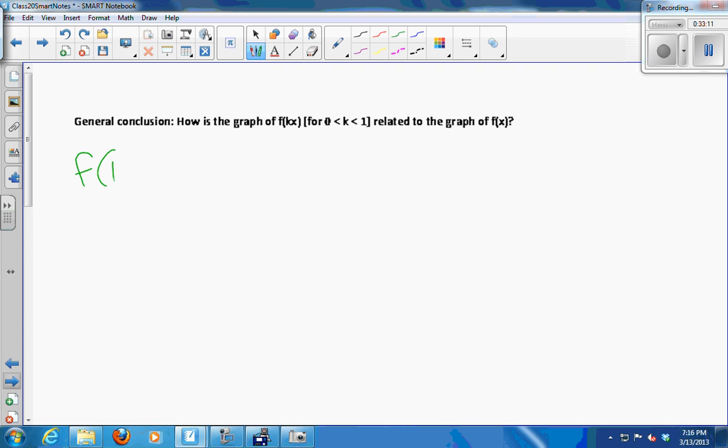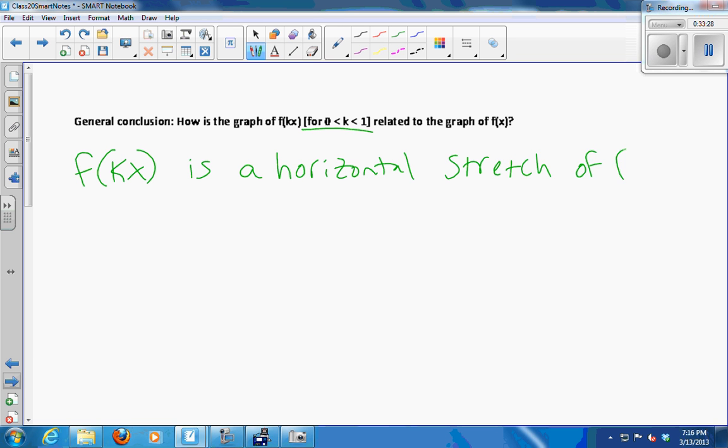So f of kx for small k's is a horizontal stretch of f of x by a factor of 1/k.